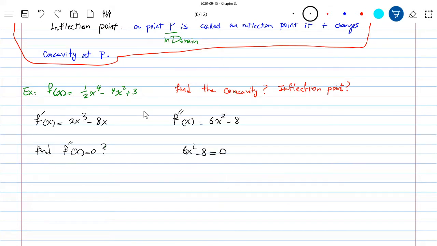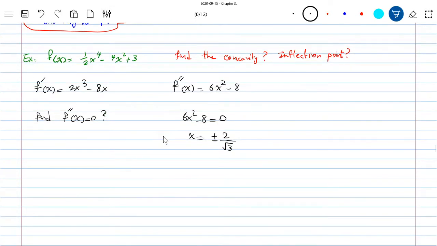What you get is x equals plus or minus 2 divided by square root of 3. So this is a critical number for the first derivative, not for the function. I'd rather call it a candidate for the inflection point, the possible inflection point.